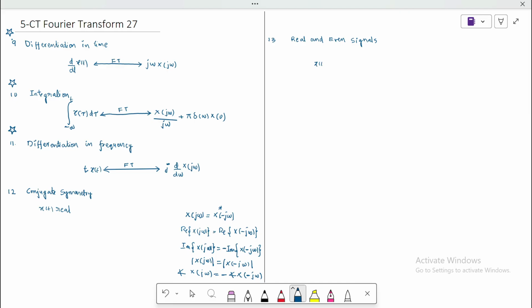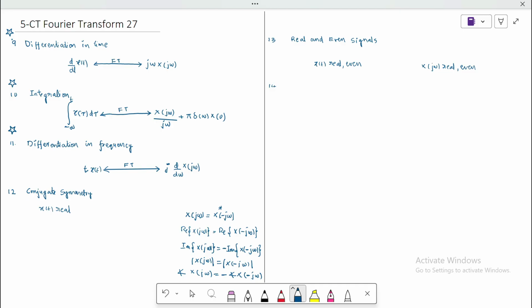So if this x of t is real and even, then x of j omega is also real and even, unless it is odd, it follows the same. Whenever x of t is real and even, then x of j omega is also the same thing.